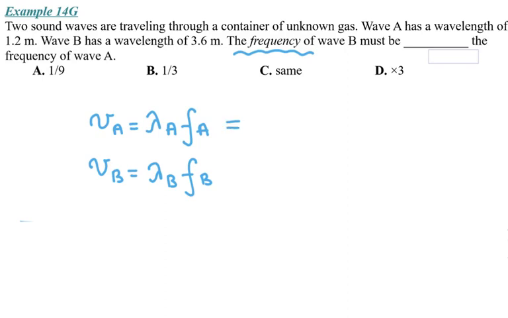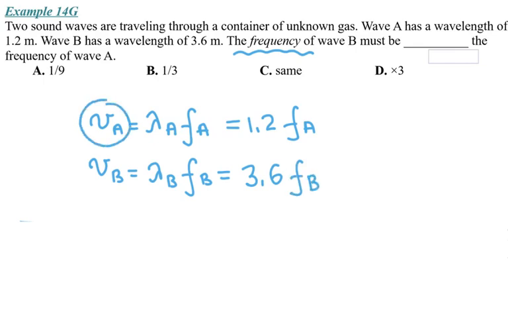A is 1.2 times frequency A, and B is 3.6 times frequency B. But the velocity for each of them is the same. So A is equal to B.